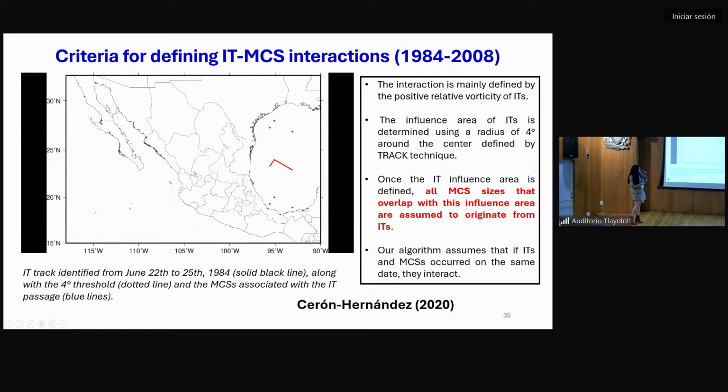Okay, you can see here and around this region, one mesoscale convective system is occurring. Here is one, and here is another one.